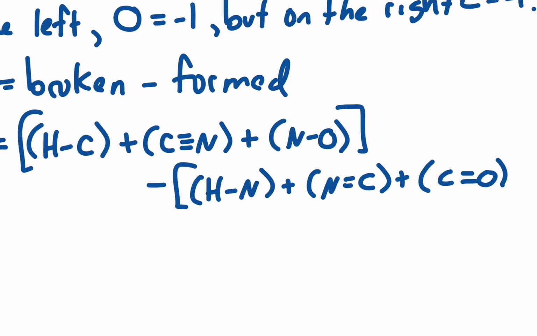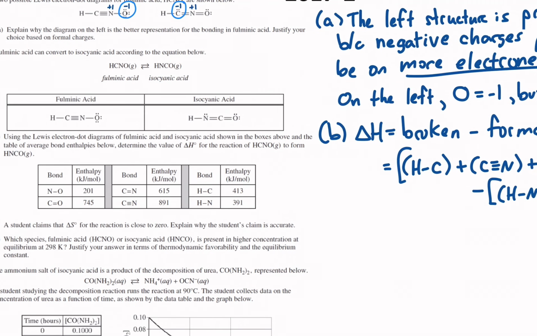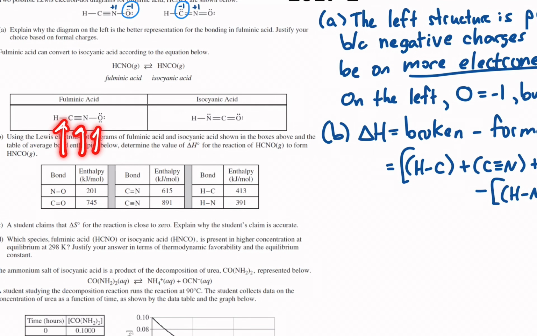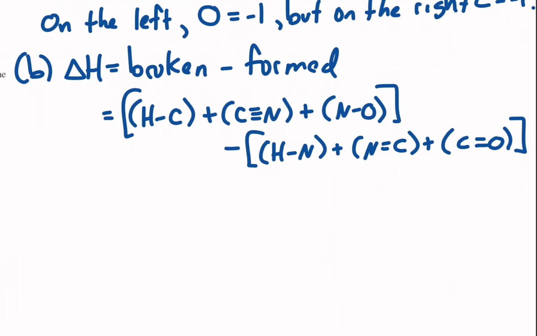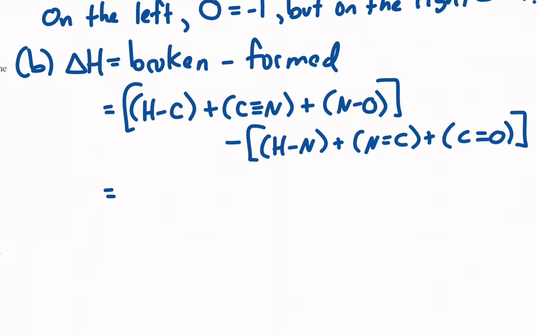That's just me looking at the structure of each reactant and product, just sort of left to right. CH, CN, NO, and likewise on the right-hand side. And they give us all the energies. We simply have to plug them in and write an answer. So the CH single bond is going to be 413. The CN triple bond is 891. Make sure you use the triple for this one. The NO single is 201.